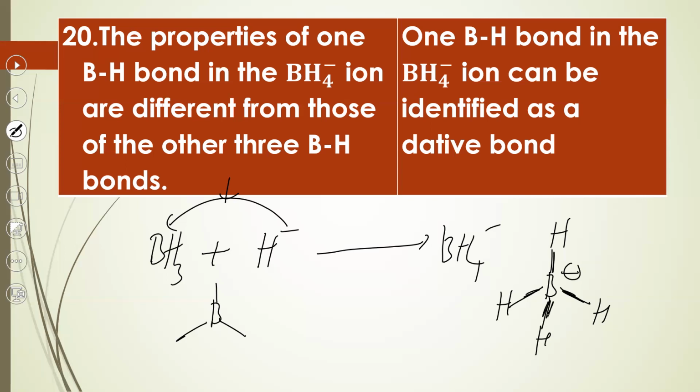The properties of one BH bond in the BH4 minus ion being different from those of the other three bonds cannot be seen. That statement is wrong. So the fifth is the answer. I think you may have got it. This last question is found in an old past paper on the concept which I have taken. You can do it and check the answers.